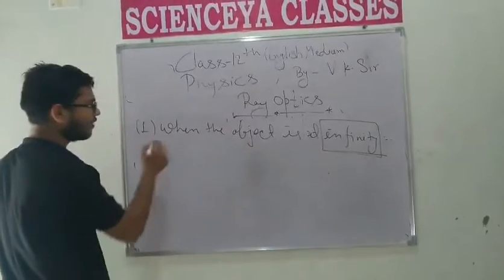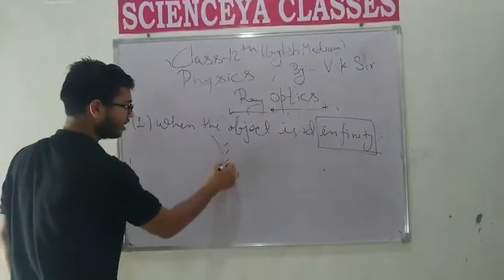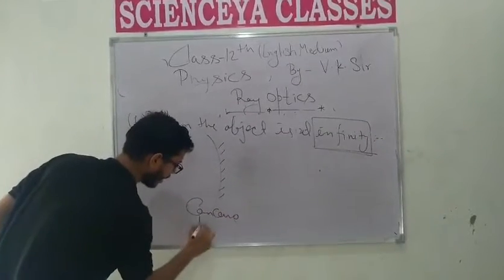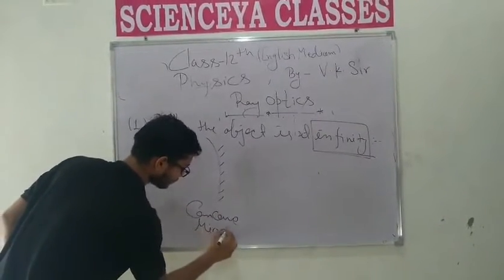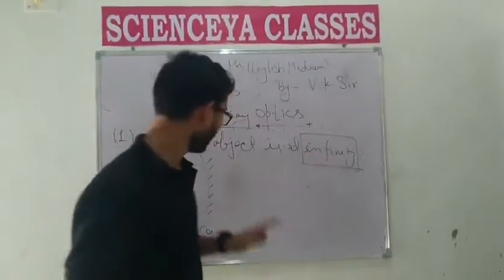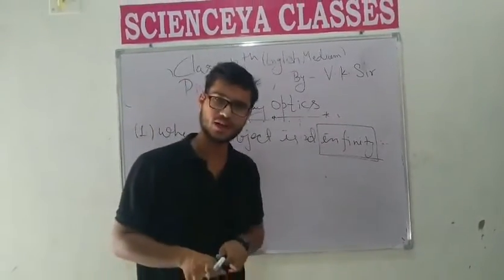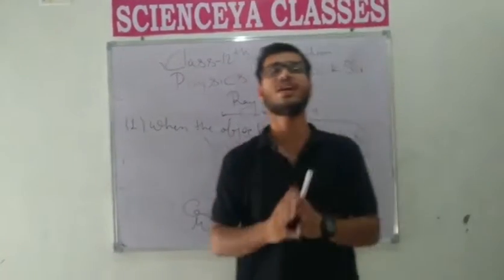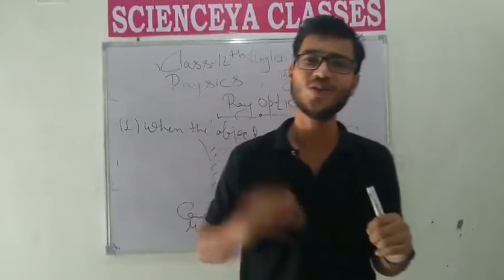So student, when the object is at infinity, suppose a concave mirror again. I am using a concave mirror again and again because the possibility of image formation by concave mirror is very much compared to convex.